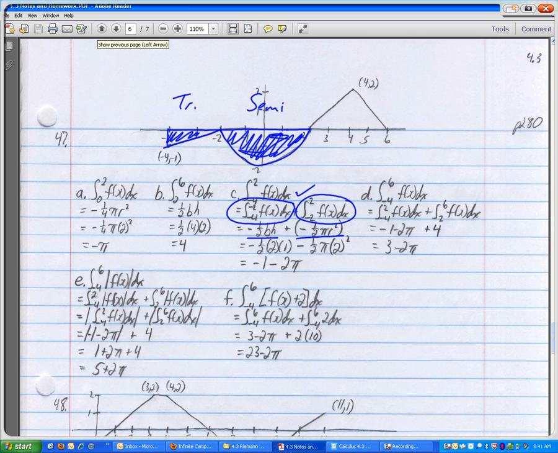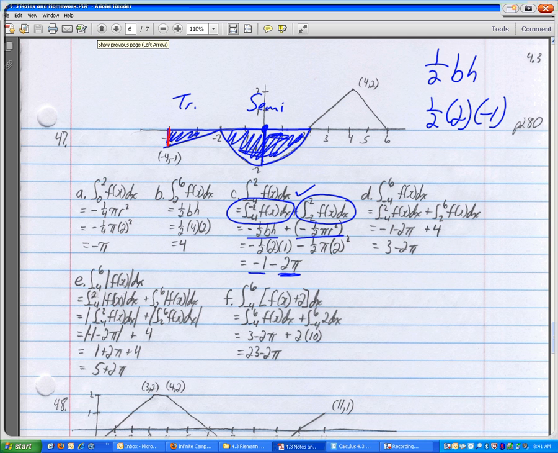Now, let's take care of the -1/2 pi r squared first. The radius is 2, right? That's the center. That's the radius. So we get that. Now, I wrote down -1/2 base times height for that triangle. That's fine. I could have thought of it this way. I could have thought of it as 1/2 base times height, and the base is 2, and since that height goes from a y-coordinate of 0 to a y-coordinate of -1, I could have just called the height -1 and worked it that way.